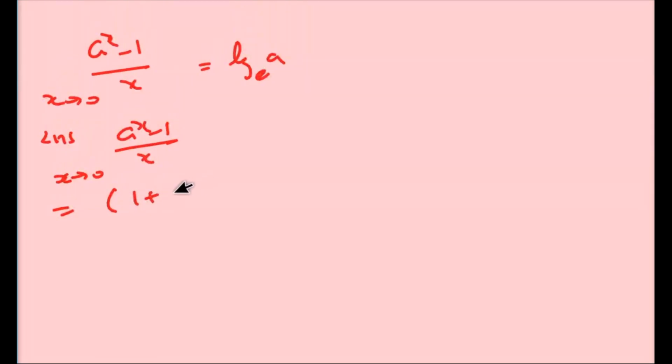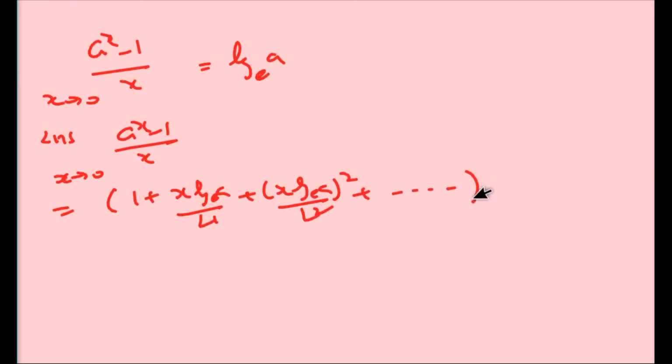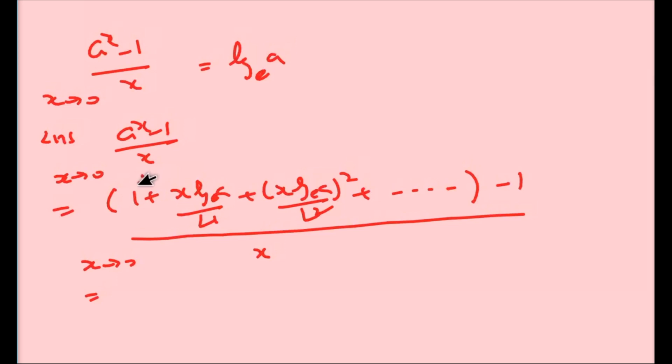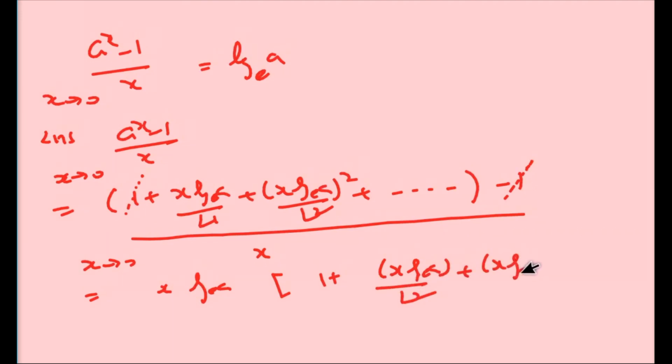We can write 1 plus x log_e a upon factorial 1 plus (x log_e a) squared upon factorial 2 plus and so on, and it is minus 1, and dividing by x, as x tends towards 0. We can see the 1 cancels out, and taking x log_e a common, we can write x log_e a times [1 upon factorial 2 plus x log_e a upon factorial 3 plus and so on] upon x.